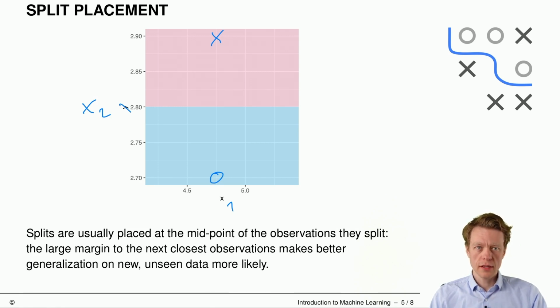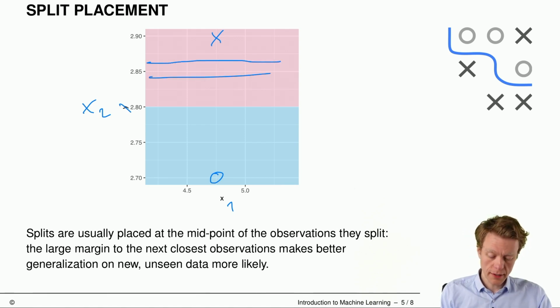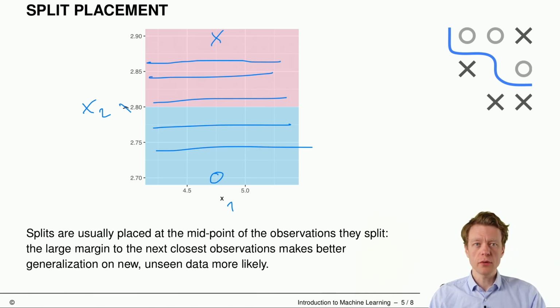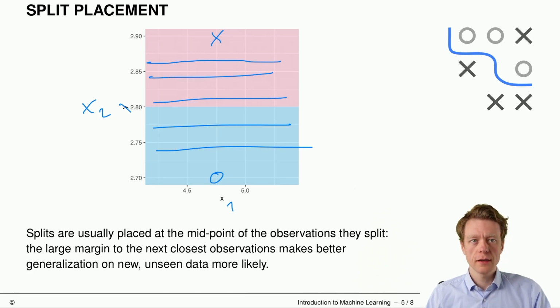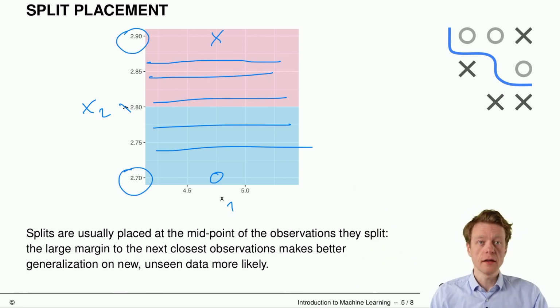This means that for the empirical risk, or for the question of how homogeneous the split splits the data, it does not matter if we use this split or that split or that or that or that, because all these 5 split points achieve a perfect separation of the two classes. So in terms of empirical risk, it's equally good to use any point between 2.7 and 2.9 for placing the split.